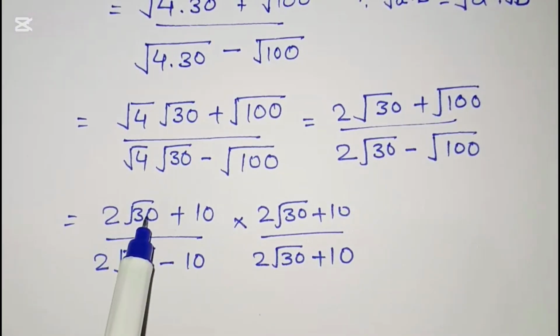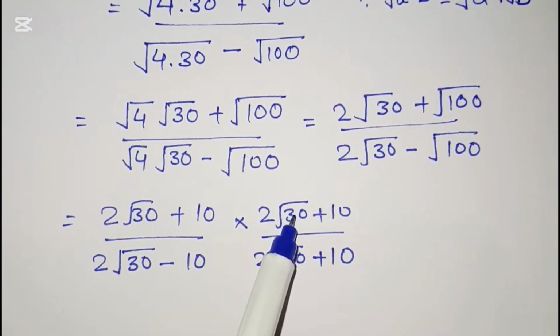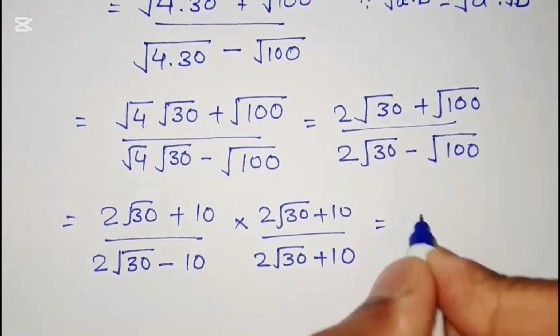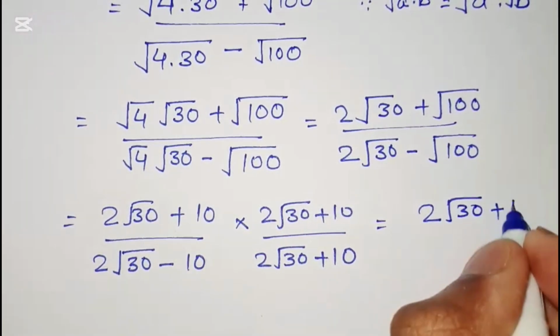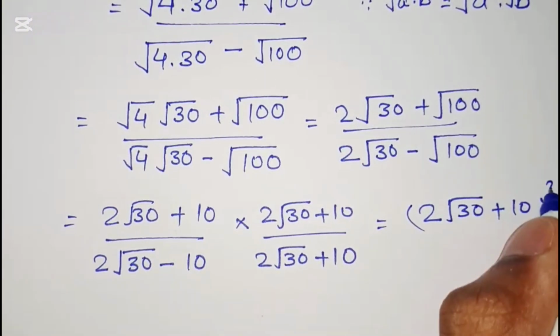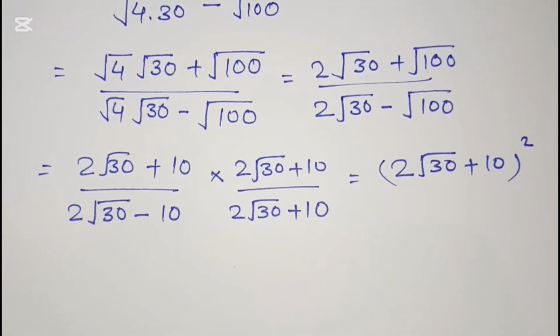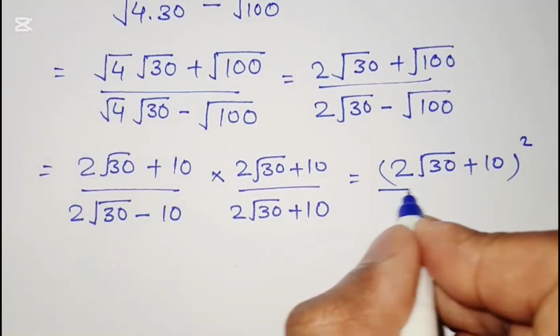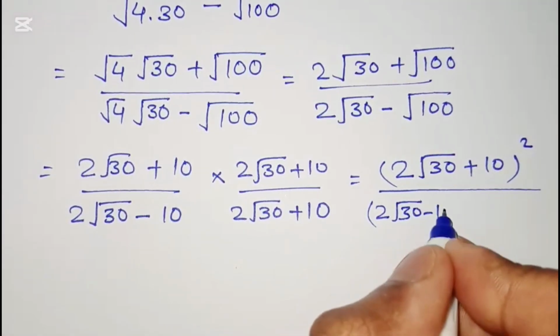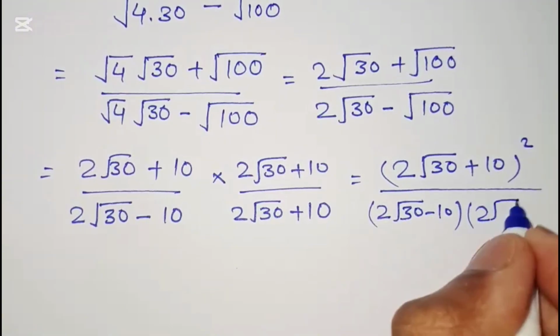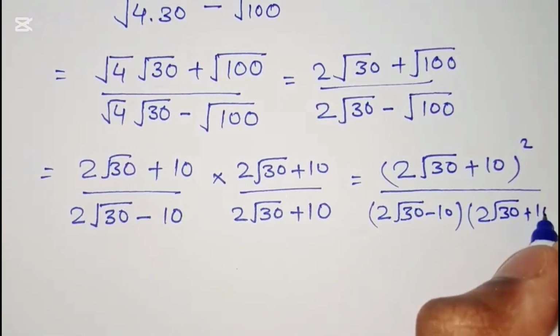The numerator becomes 2 times square root of 30 plus 10, times 2 times square root of 30 plus 10, so it becomes 2 times square root of 30 plus 10 whole square. The denominator is 2 times square root of 30 minus 10, times 2 times square root of 30 plus 10.